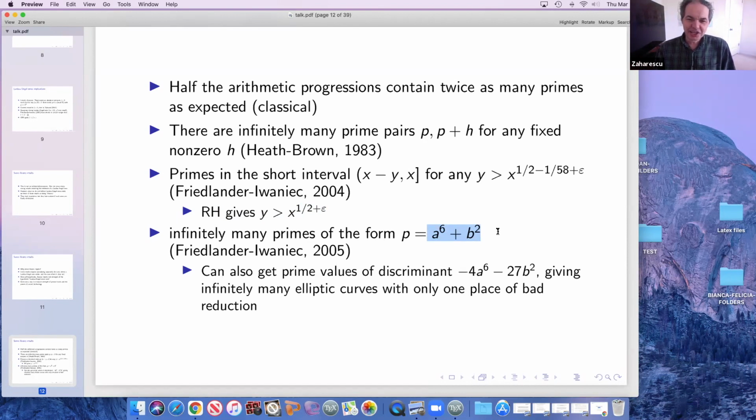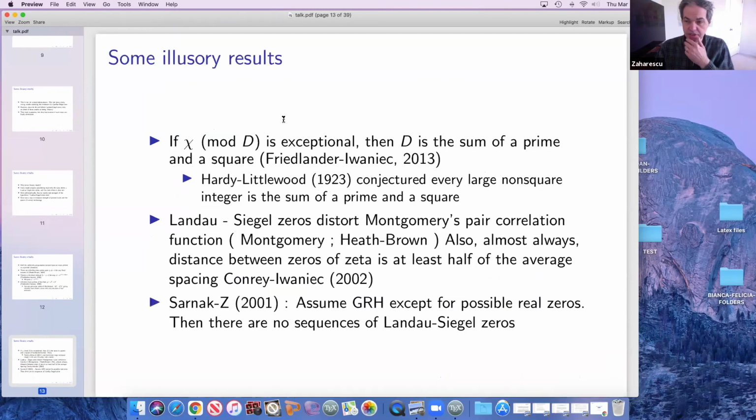And they also have a nice application because they can change this slightly, so they can make it like this, infinitely many primes of this form for this discriminant form, which means you can interpret this as saying that there are infinitely many elliptic curves with only one place of bad reduction. But again, this is not unconditional. None of these results are unconditional. All of them use the assumption of existence of Landau-Siegel zeros.